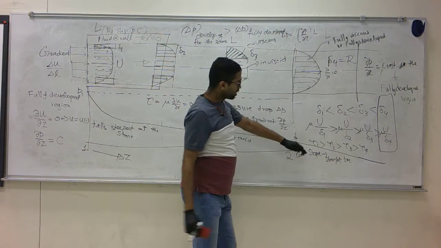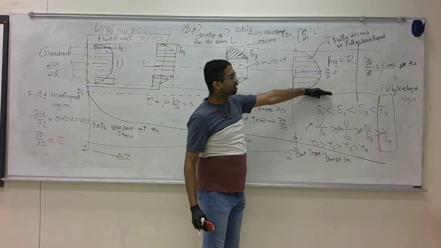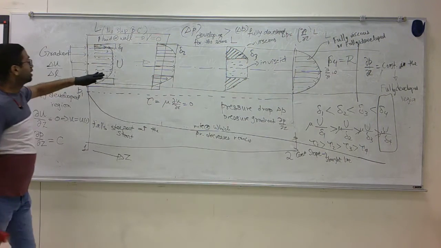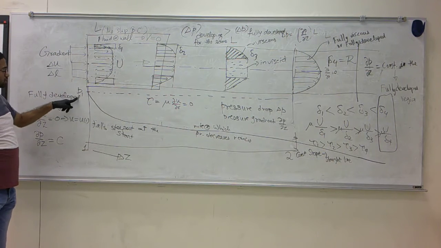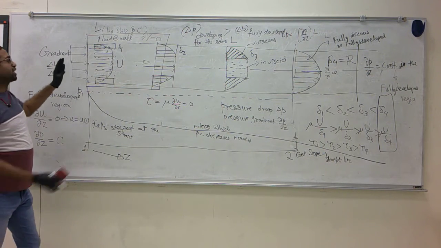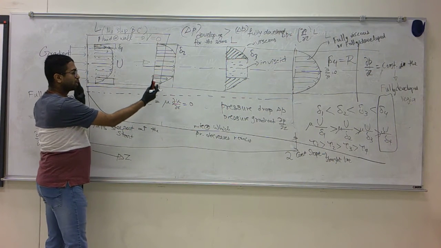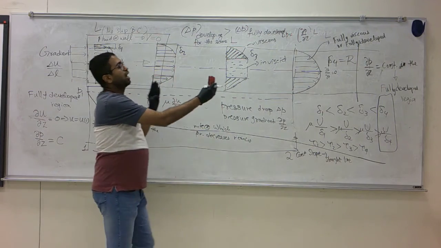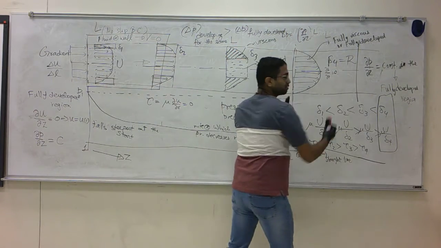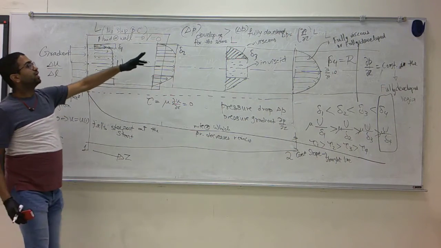The rate of pressure drop is a constant, lesser than what it would be in the developing region, where the pressure is dropping faster. So the same length of piping section will lead to a larger pressure drop in the developing region, and will be comparatively lesser, I didn't say zero, in the fully developed region.